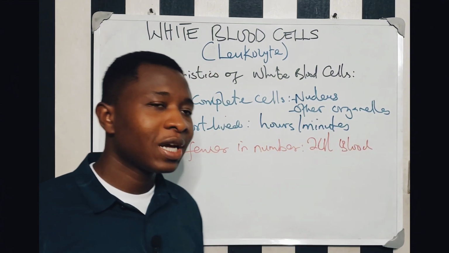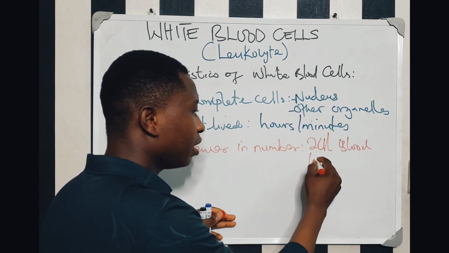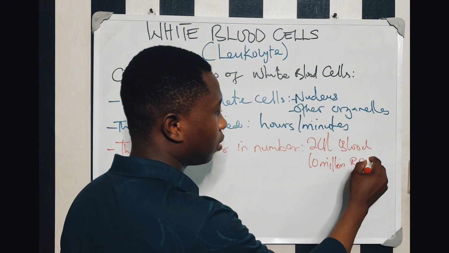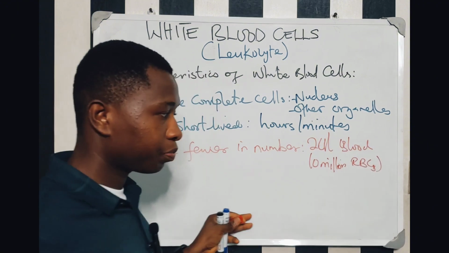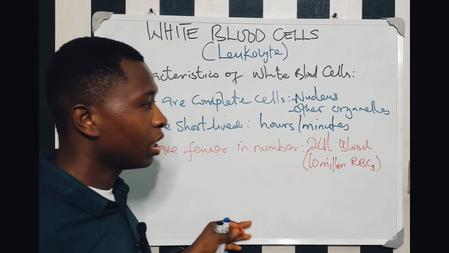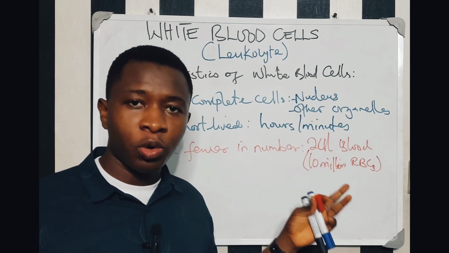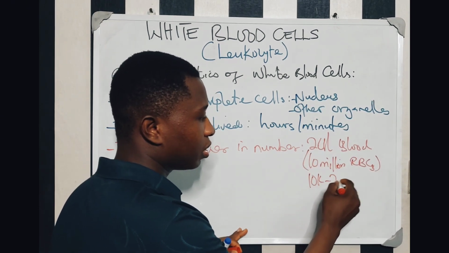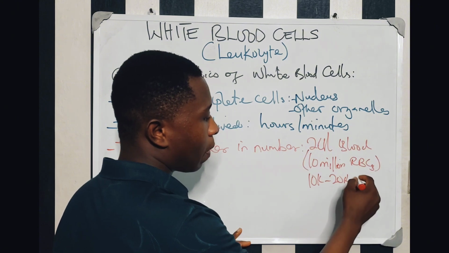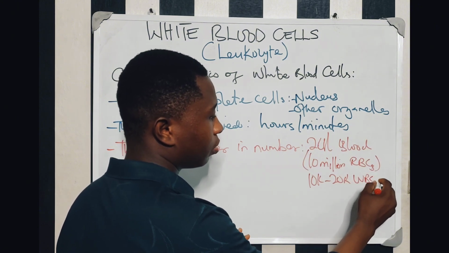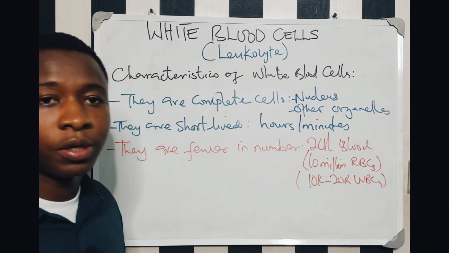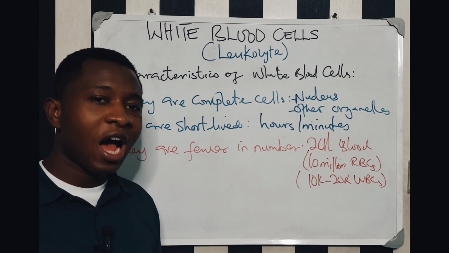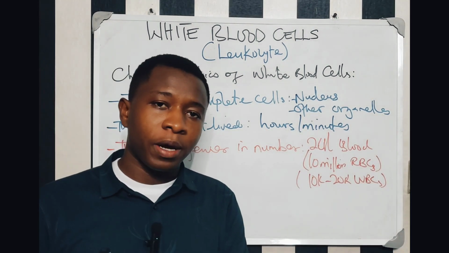And 2 microliters of blood can contain about 10 million RBCs. Now, in this same amount of blood, you would only have about 10,000 to 20,000 WBCs, which are white blood cells. So, as compared to the red blood cells, the white blood cells are fewer in number.